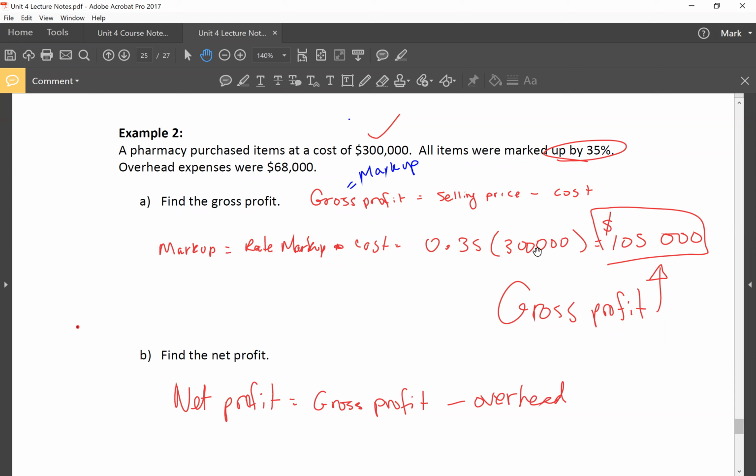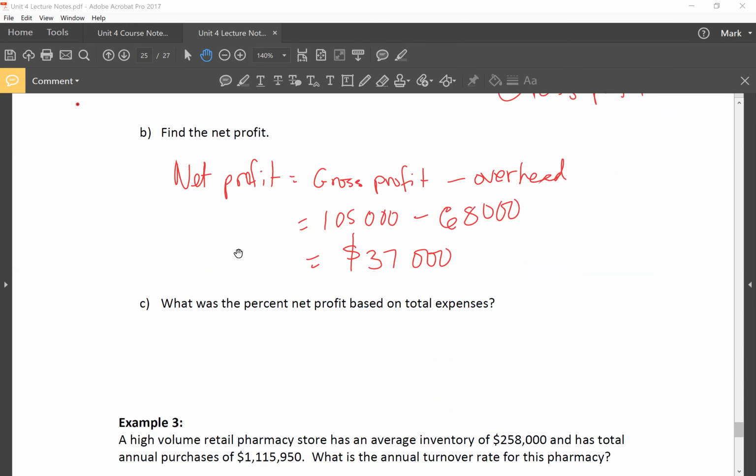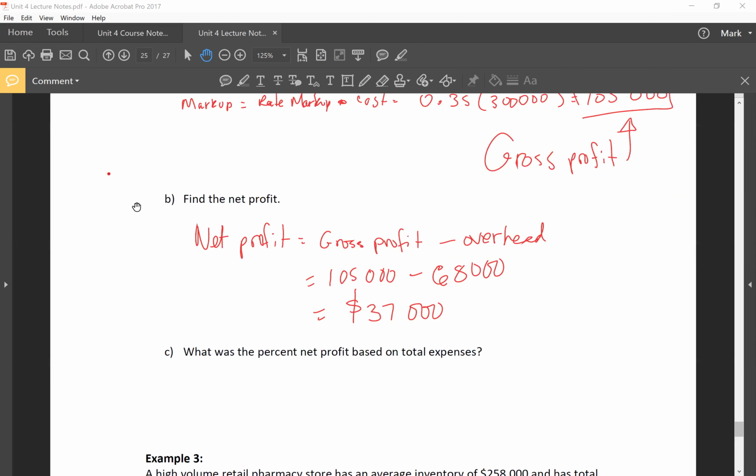So $105,000 minus $68,000, and you'll get your answer. And 37,000 is the answer. Okay, I think that's what Reem said in the chat. Yes. All right.